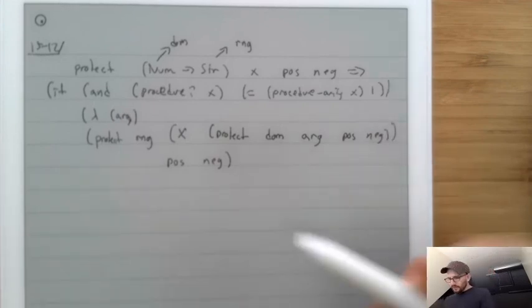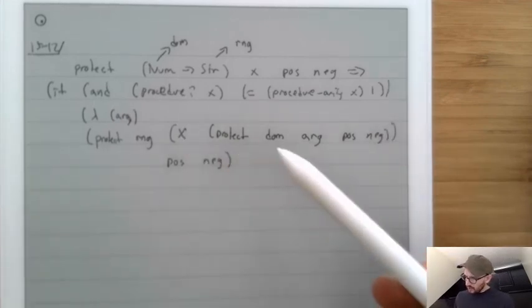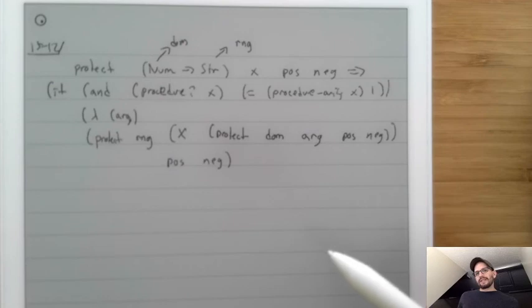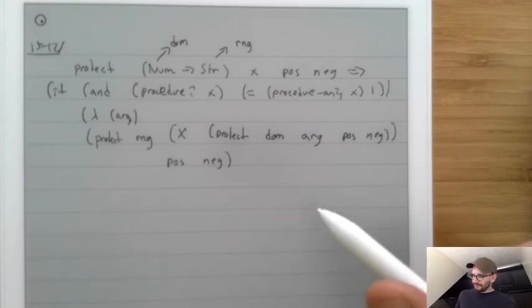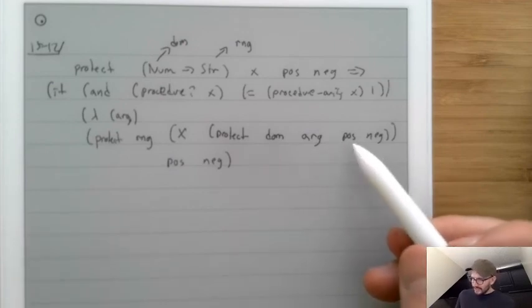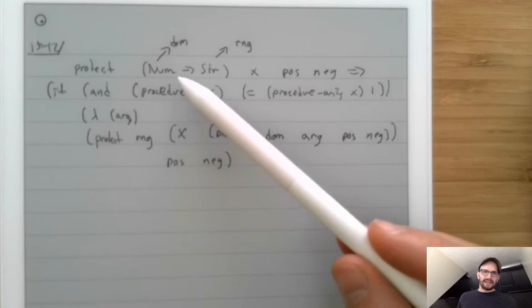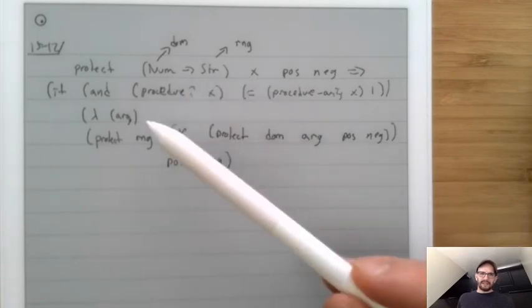So what this is going to do is make it so that x is only going to actually receive the argument if it really matches the domain. But now notice there's a slight problem: if there's an error, the positive label is what it's going to blame. But the positive code provided this function x. It didn't provide the argument.